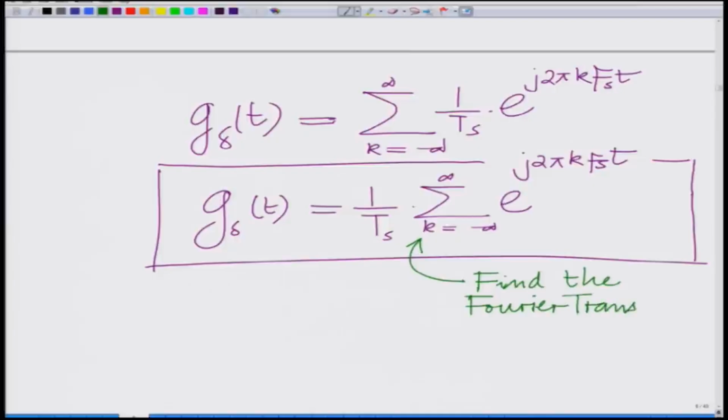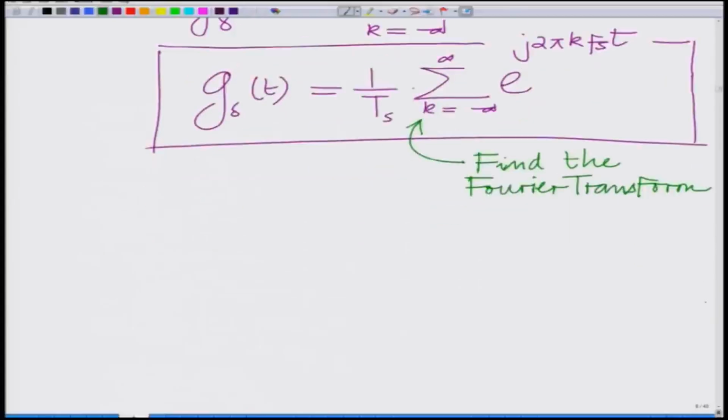One can extract the Fourier transform because e to the power of j 2 pi k f s t is nothing but an impulse.